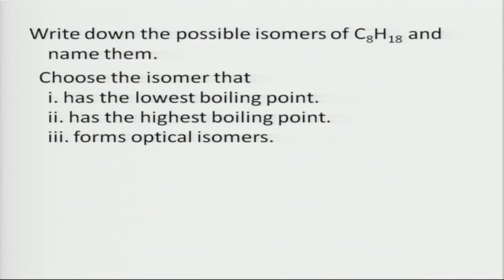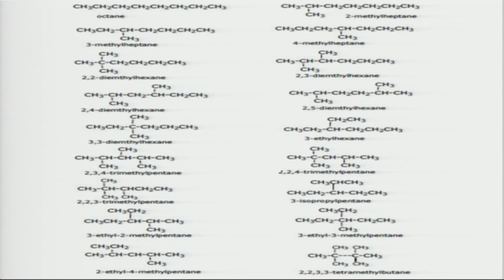Then we also have to choose the optical isomers. Our last part of the question is asking about those which form optical isomers. When we are discussing optical isomerism, we say that isomers that undergo optical isomerism should have what we call an asymmetrical carbon atom. So among these isomers, we look for those which have an asymmetrical carbon atom.